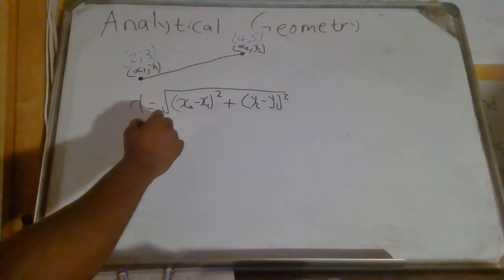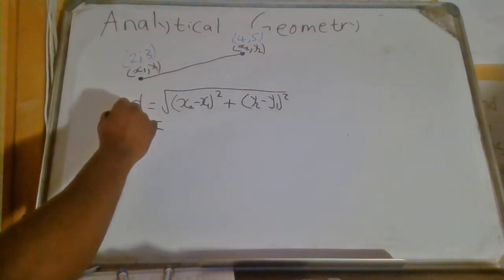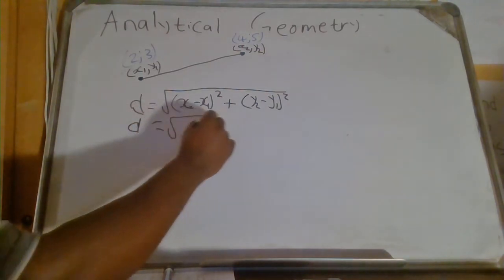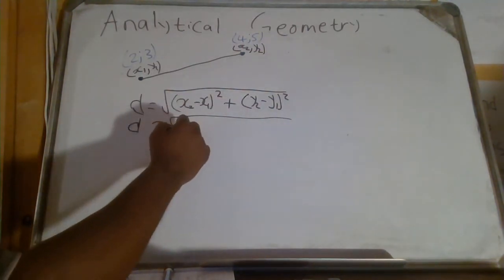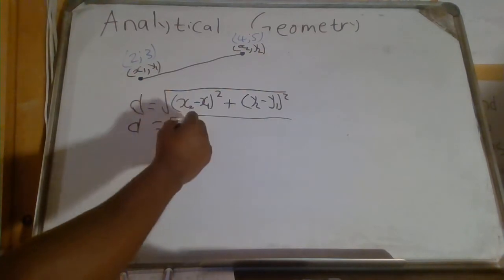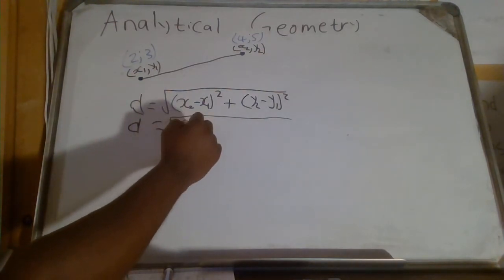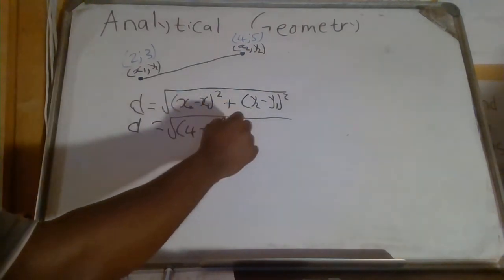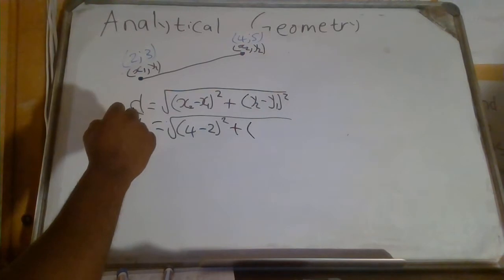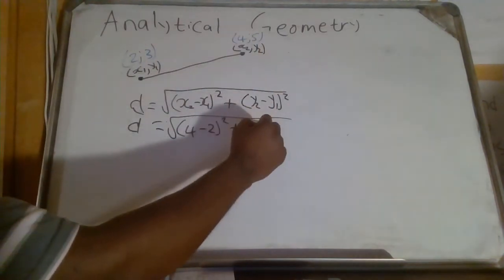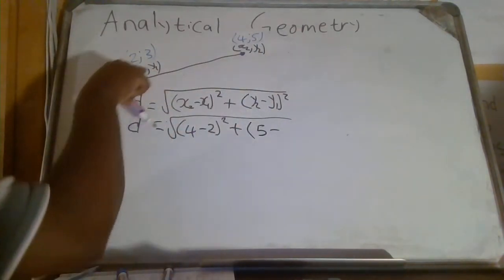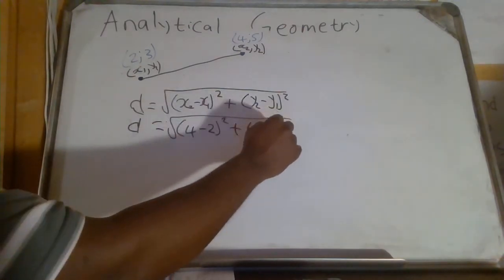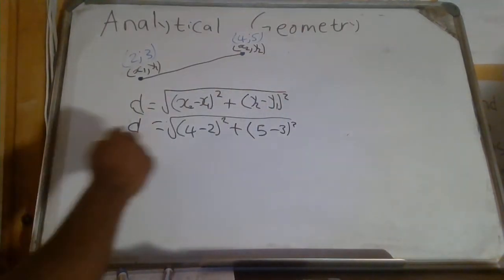So D is going to be equal to x2, which is 4, minus x1, which is 2, all squared, plus y2, which is 5, minus y1, which is 3, squared.